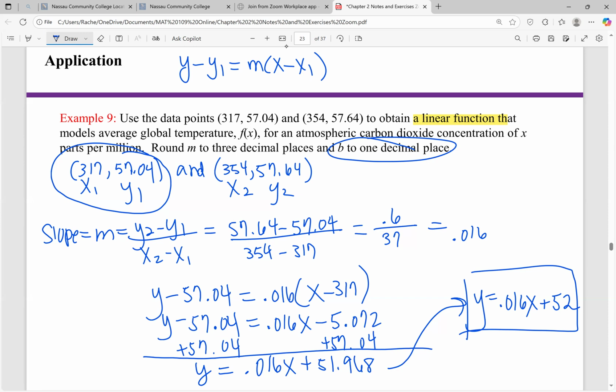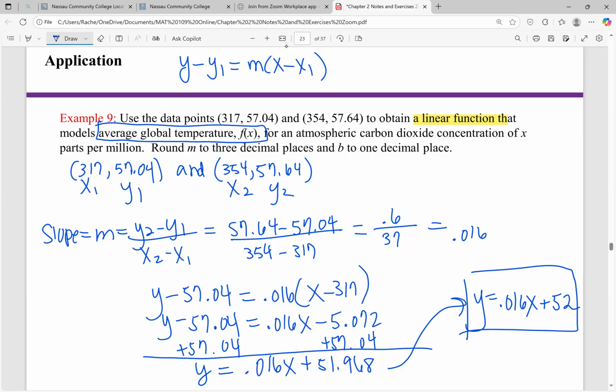Let's interpret that. Going back to the question, we want to model average global temperature, that's f of x or y, for an atmospheric carbon dioxide concentration of x parts per million. So x is the atmospheric carbon dioxide concentration. Think about this 52: that's the y-intercept, so it represents the average global temperature when the atmospheric carbon dioxide concentration is 0, when x is equal to 0.